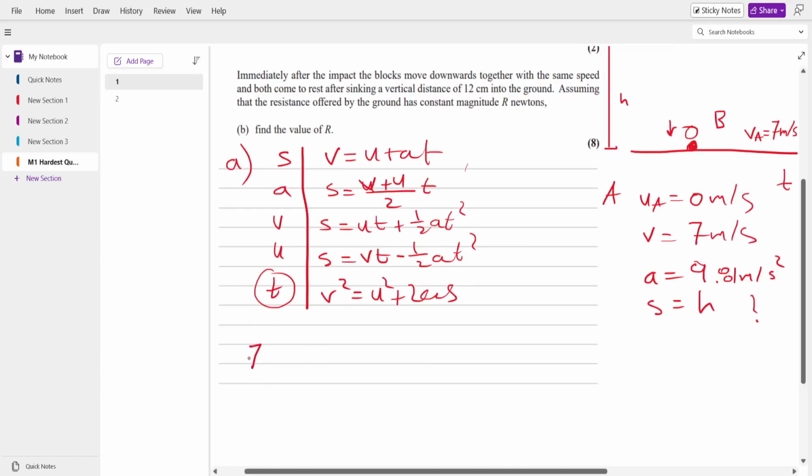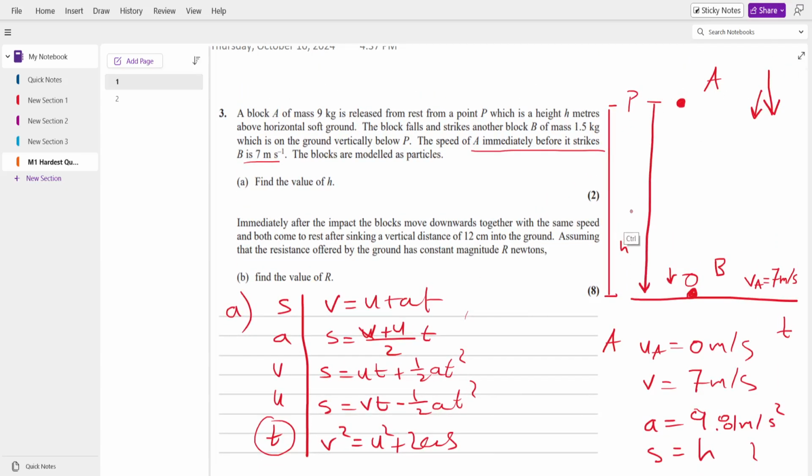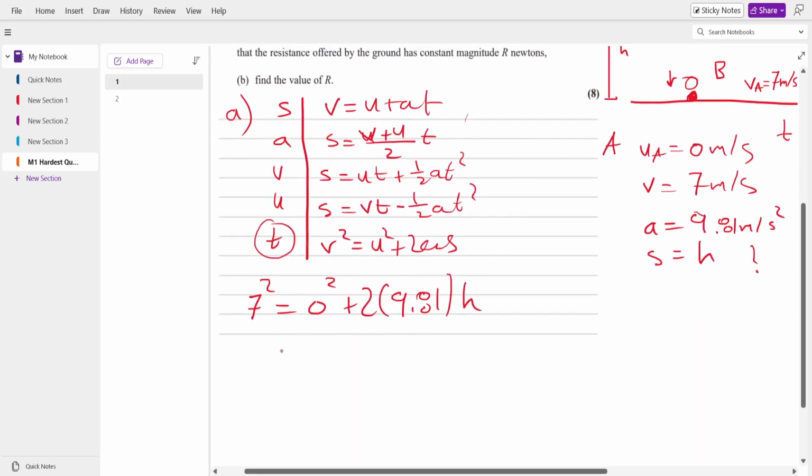So V squared, which is 7 squared, equals U squared, which is 0 squared, plus 2 times acceleration, 9.81, and S is basically H. I would expect S to be a positive value as I'm taking down as positive, and H is below A. Solving, I will have 49, and then I will divide by 2 times 9.81, which is equal to H, which gives me 2.5 meters. So this is my answer for part A.